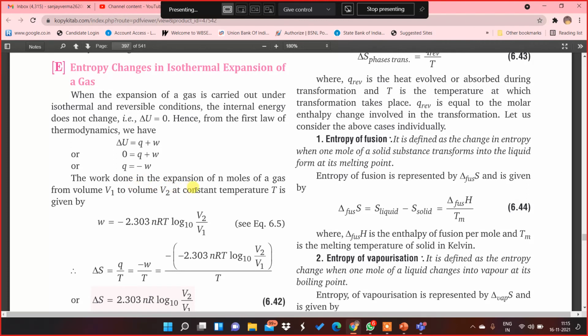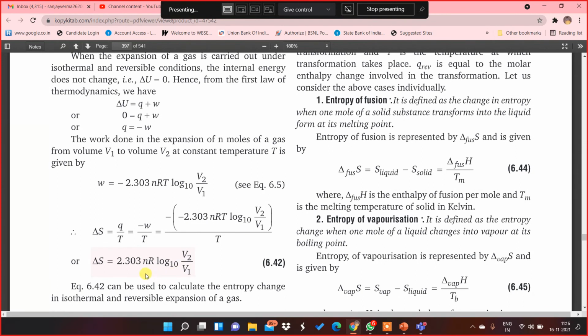The work done in the expansion of n moles of a gas from volume V1 to volume V2 at constant temperature T is given by this equation: W is negative 2.303 nRT log to the base 10 V2 by V1. This equation we have already seen earlier. And then we can put this value in the formula over here and get delta S is equal to Q by T, that is equal to minus W by T. Putting in the formula, this T and this T will cancel.